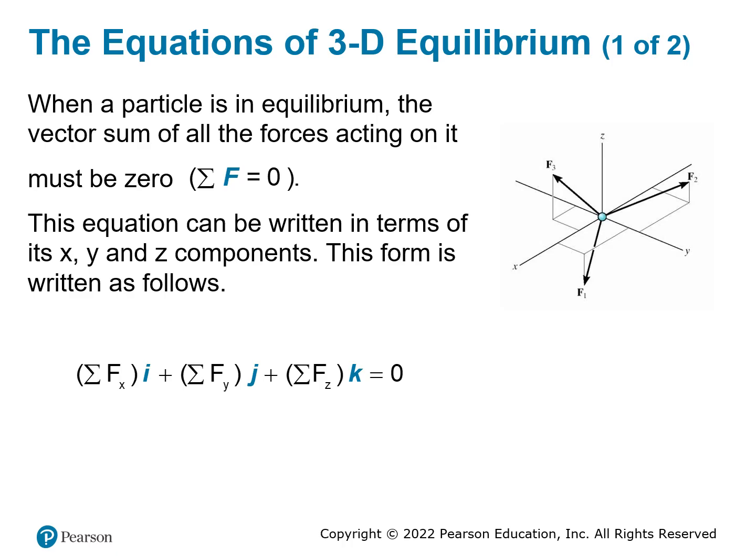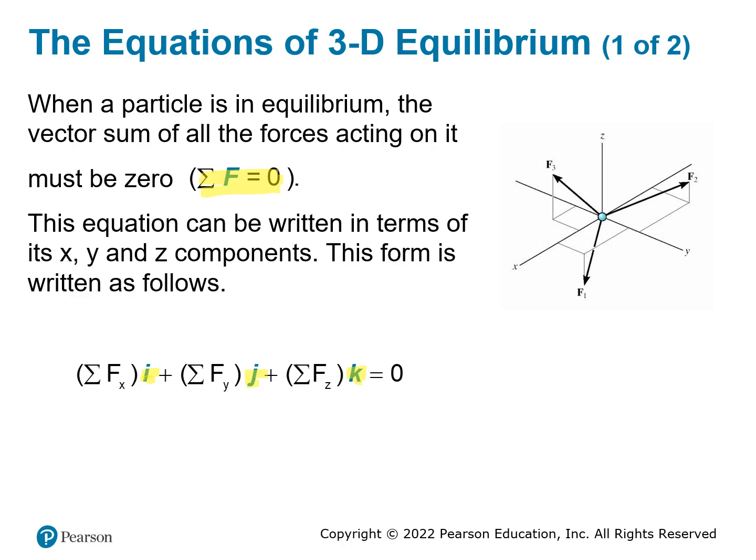Let's start with the equations of equilibrium in the three-dimensional way. Previously, we only had X and Y when looking at equilibrium. The condition for equilibrium is that the net force has to be equal to 0. So the summation of the force vectors has to be equal to 0. We are adding the k coordinate, which is the Z direction, instead of just i and j.